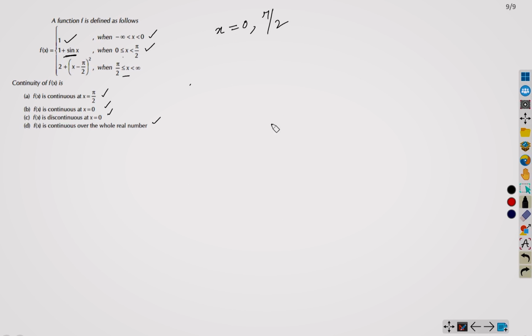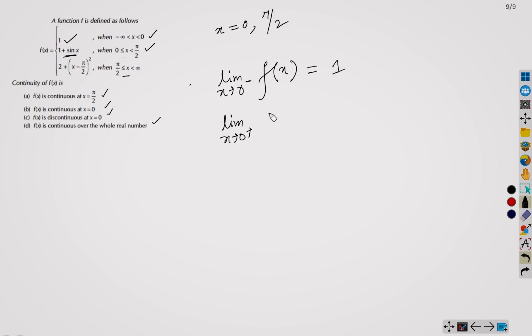Okay, so let's now check the limiting value of f(x) at the point 0. Limit as x tends to 0 minus of f(x). When x is less than 0, the value of f(x) is 1, and the limiting value of 1 is always 1 because it is constant.